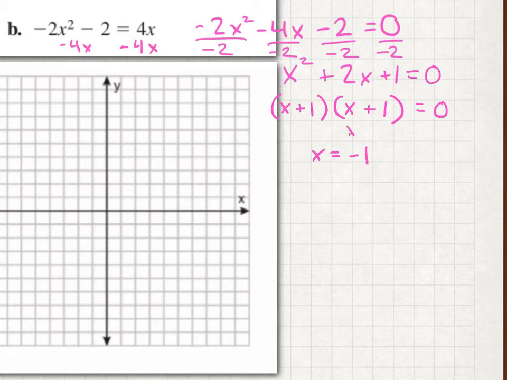Negative 1. So if we set x plus 1 equal to 0, we subtract 1 on both sides, we get x is equal to negative 1, so our x-intercept is (negative 1, 0). We only have one intercept here, so our graph is only going to touch the x-axis at one point. That means this point is our vertex. So our graph goes through this point here.